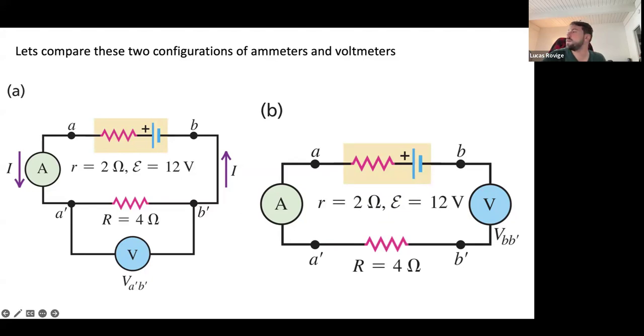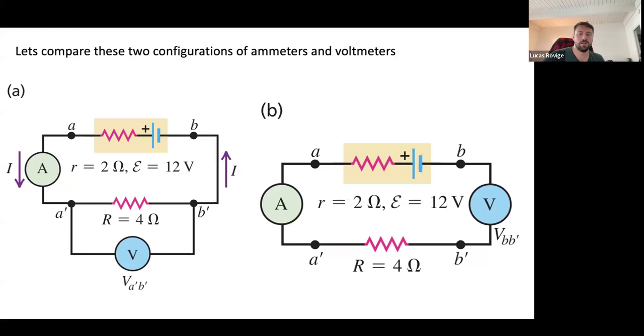Okay. This example is going to be interesting to see why the ammeter should be in series and why the voltmeter should be in parallel with the potential we're trying to measure.